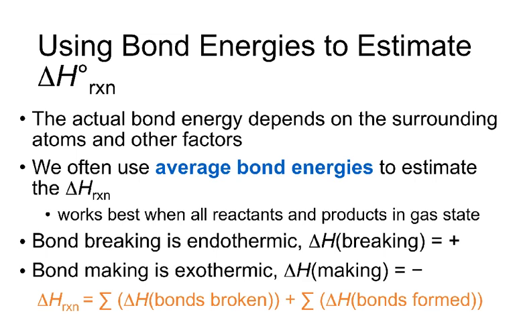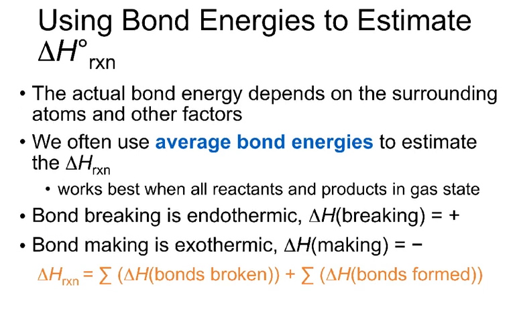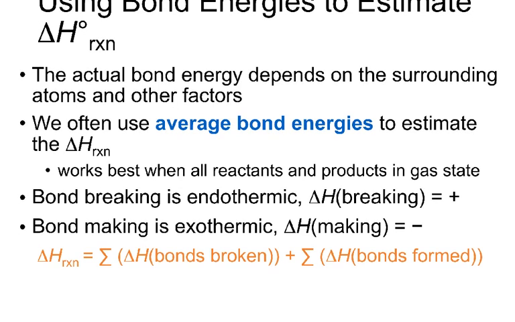Like I mentioned, you can use those bond energies to estimate your delta H of the reaction. Your actual bond energy is going to depend on the rest of the molecule, but we can use average bond energies to estimate your delta H of the reaction, and it's going to work best in the gas state. Bond breaking is always going to be endothermic, or a positive delta H. Bond making is always exothermic.